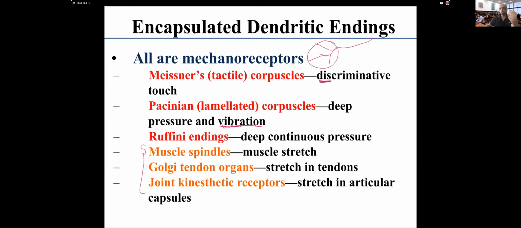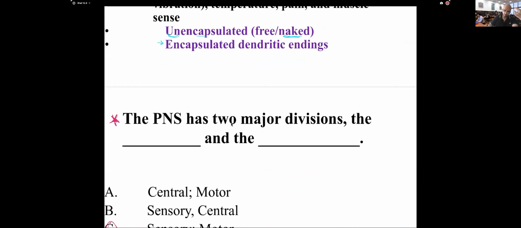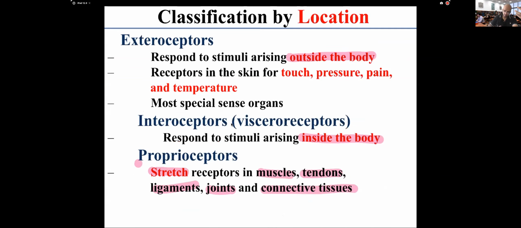Remember, the receptors detecting the degree of stretch of the muscles, tendons and joint capsules are not exteroceptors or interoceptors. We classified them as proprioceptors.